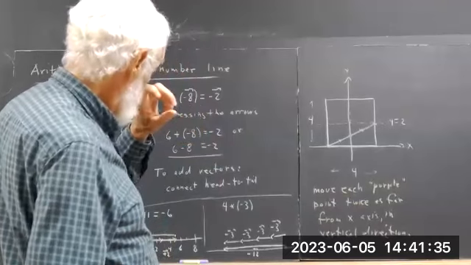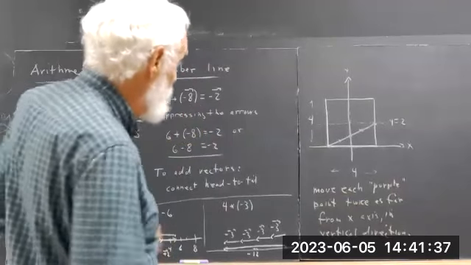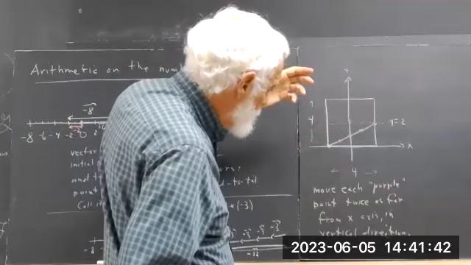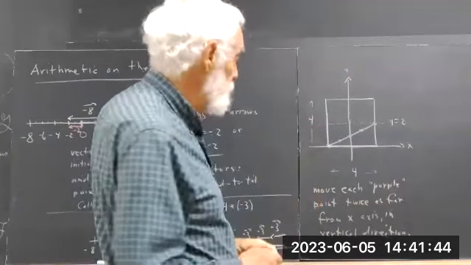Every point needs to go in the vertical direction, excuse me, my nose is itching. Every point needs to go in the vertical direction, twice as far from the x-axis.